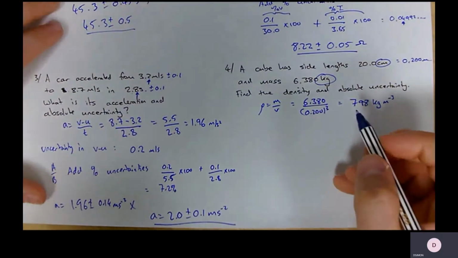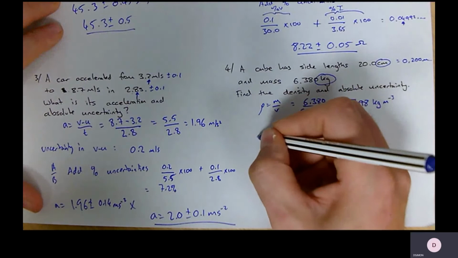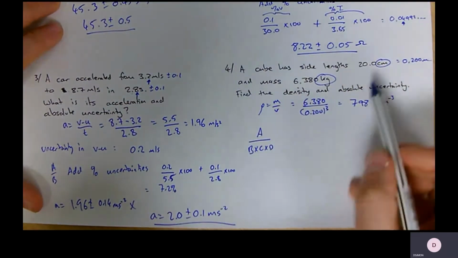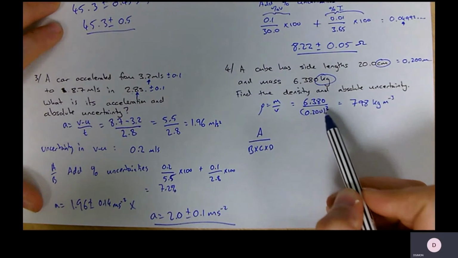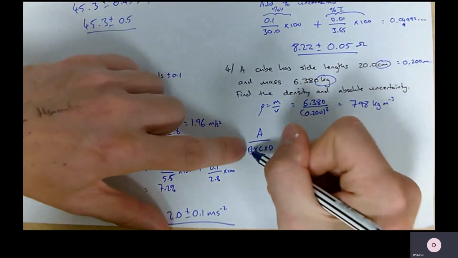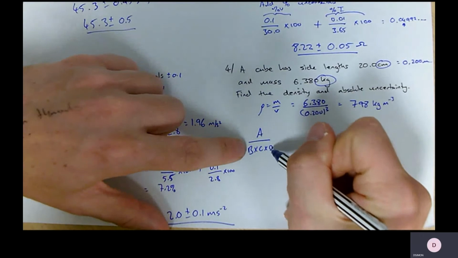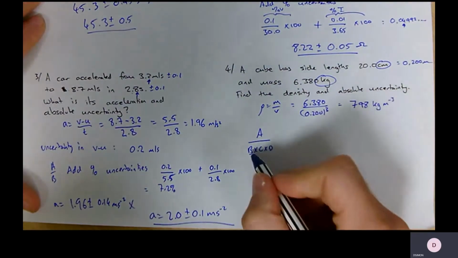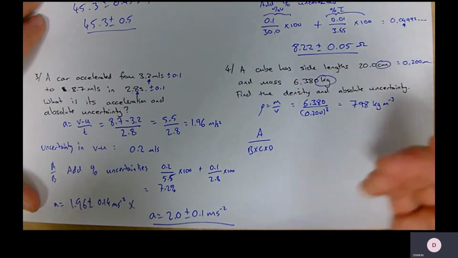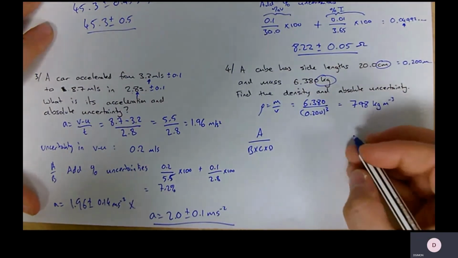What is our uncertainty? Well, we've got something of the form A over B times C times D, because volume is length times width times height. So we need to make sure our uncertainty to this is added to this, added to this, added to this. Now, because obviously these are the same number, it's the same as multiplying it by 3, just to save a tiny bit of writing out.